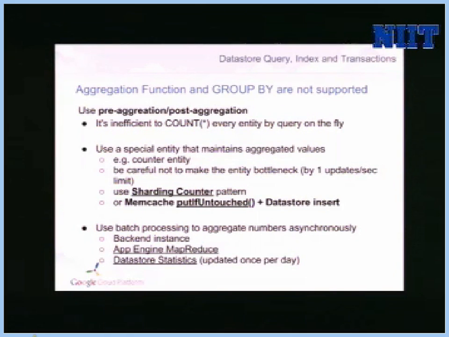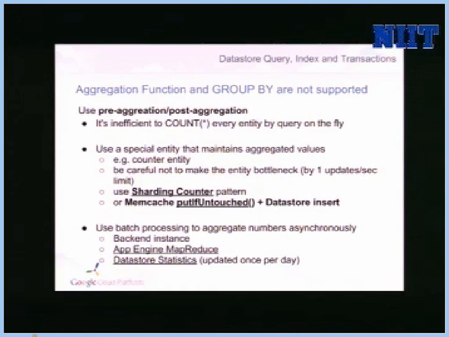It's hard to implement a counter or any aggregate function on the data store. If it's not required to get the aggregated value instantly, then you can do it later by using batch processing, by using a backend instance. There's also a very useful open source framework called App Engine MapReduce, which is using TaskQ to emulate the MapReduce framework. We won't discuss details about the App Engine MapReduce, but this can efficiently handle batch operations on huge amounts of entities on DataStore.